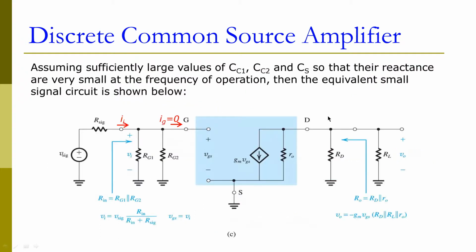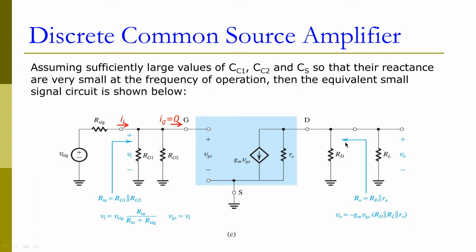Now let's go back to the small signal model to see how we can calculate the input and output resistance. From the input side, since there's no current into the gate, the input resistance can be easily calculated, which is RG1 and RG2 in parallel.